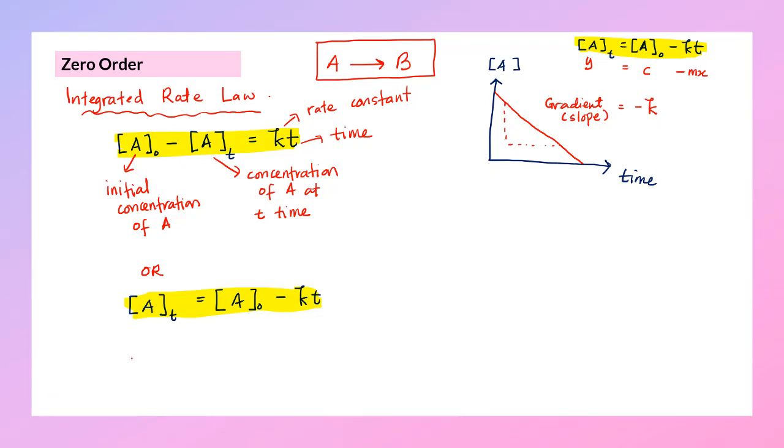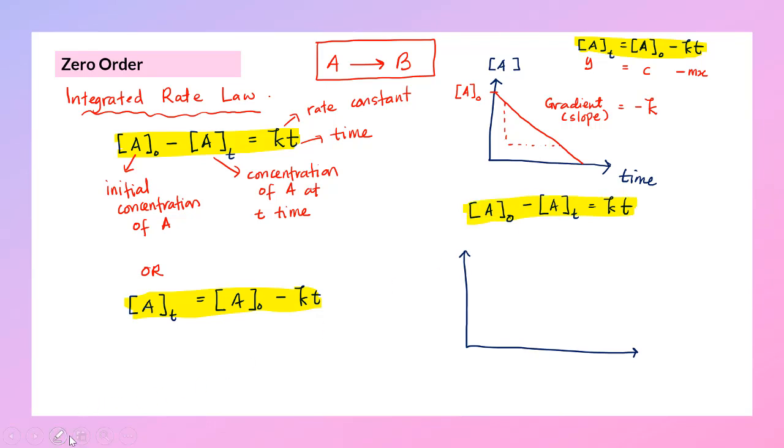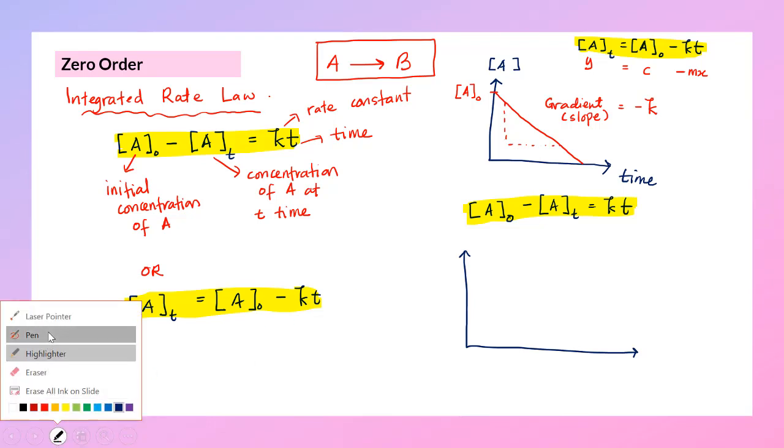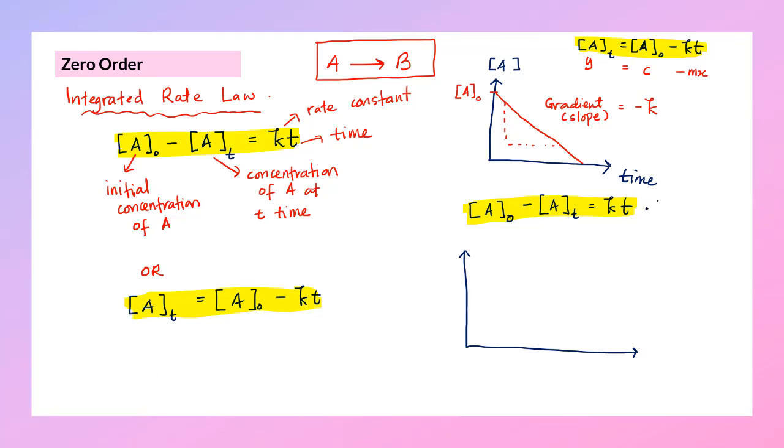And from the graph, actually this is the initial concentration of A. If we use this equation to plot a graph, you will plot the initial concentration of A minus the concentration of A at time t against time.